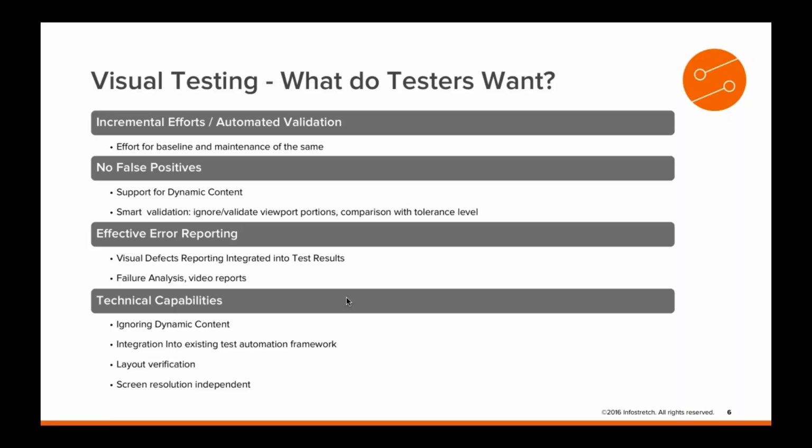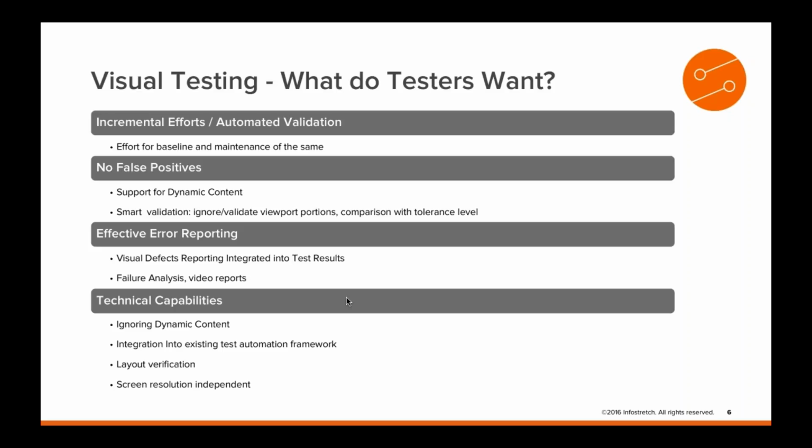So moving on, let's understand what testers want from the perspective of how to go about testing for these visual deformities. As I explained, the process of GUI testing or GUI automation is already a very labor-intensive process. And the last thing you want is incorporation of yet another tool and yet another methodology through which you will do visual testing, right?